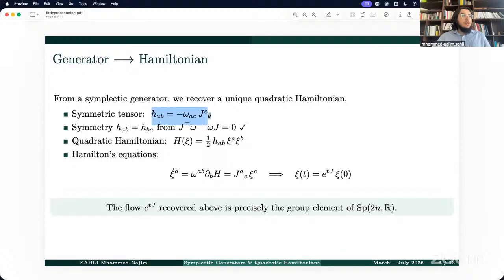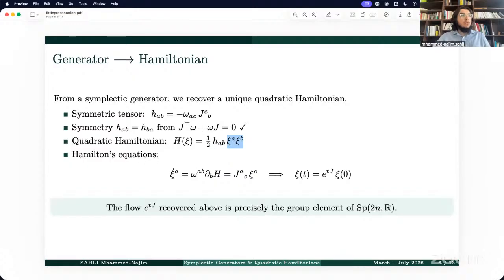With this definition, we can see from the definition of the element of the Lie algebra that this matrix is symmetric. So we can afterward define a Hamiltonian called capital H. It is defined with this matrix when we apply some vector xi of the phase space.